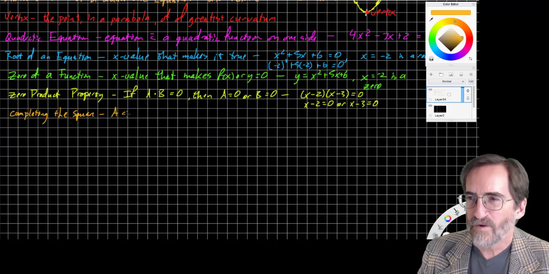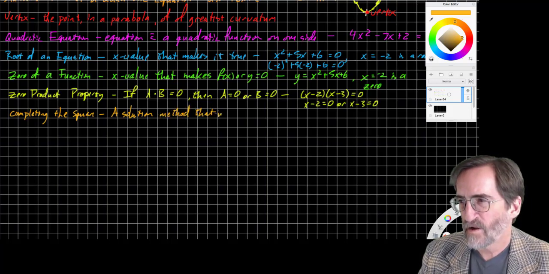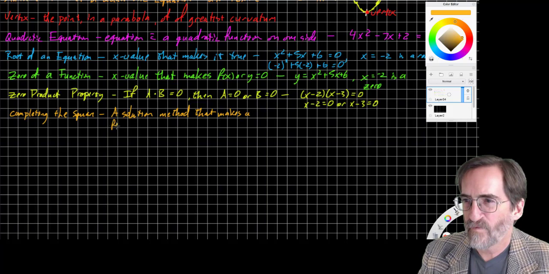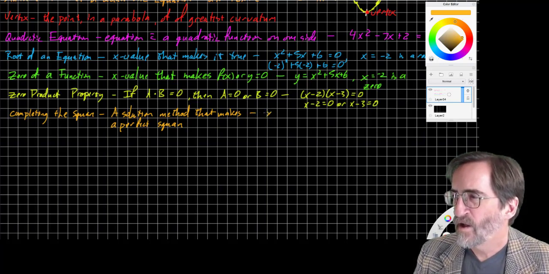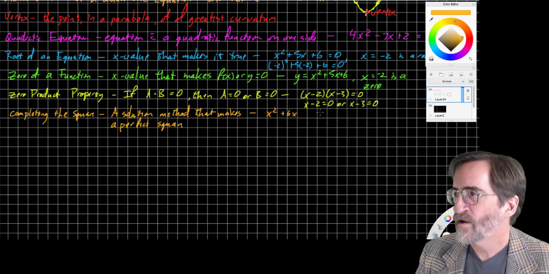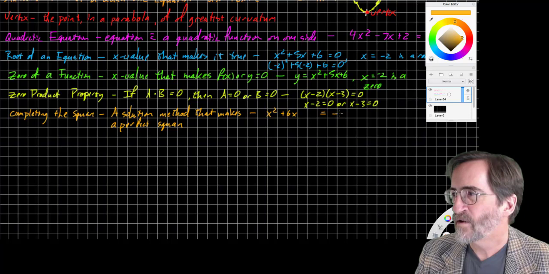A solution method that makes a perfect square. Example, x squared plus 6x equals -8.